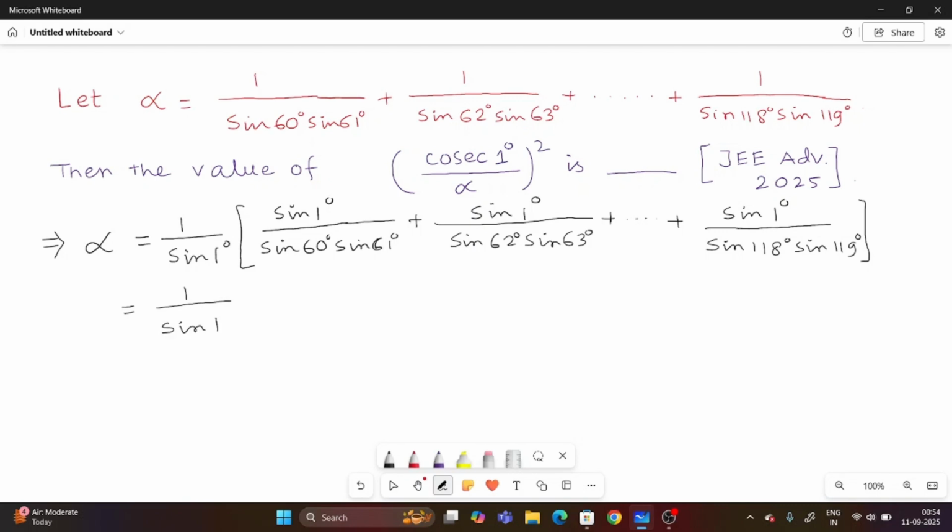Now follow the first term. The angles present in the denominator are 60 and 61, whose difference is 1 degree.